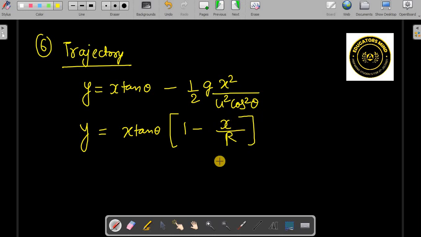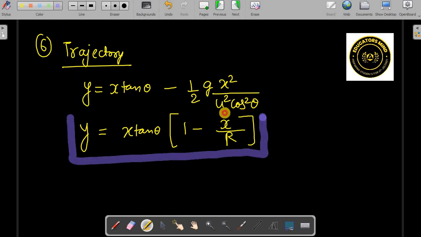R is nothing but u square sin 2 theta by g, because here tan theta you have taken common, so you have to do some multiplication here, and this will transform into this equation. So this is another form of writing the projectile motion in terms of range. It can be useful in some questions. So these are some results.